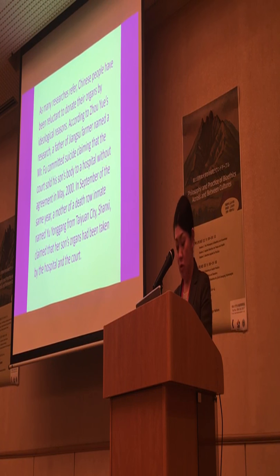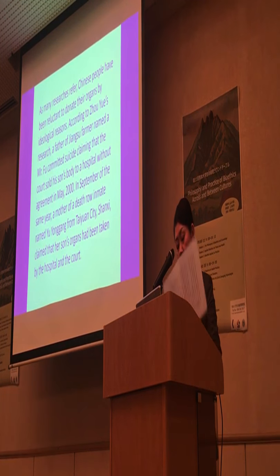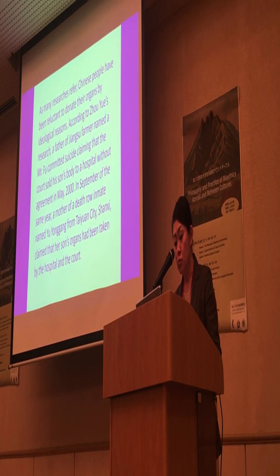According to Zhou's research, the father of a Jiangsu farmer named Mr. Fu committed suicide, claiming that the court sold his son's body to a hospital without agreement in May 2000.